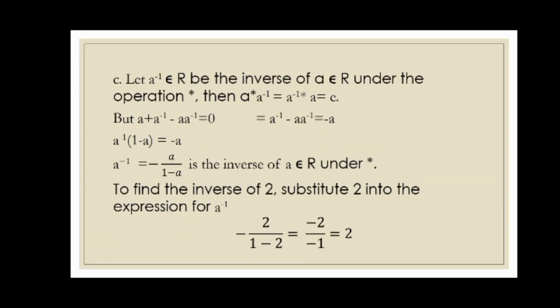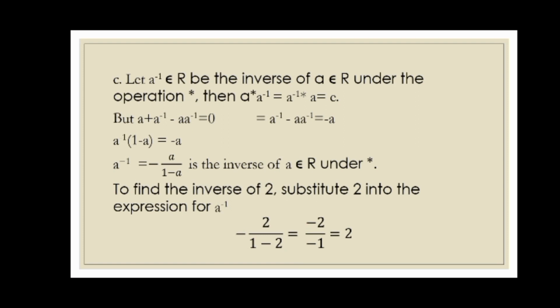So the first thing to do is to let A inverse belonging to R be the inverse of A belonging to R under the operation star. Then A star A inverse equals A inverse star A, which gives us the identity element. I hope you remember that.